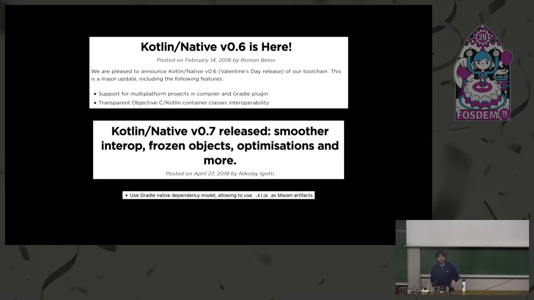To translate that, Kotlin Native now had the ability to use the same kind of Maven dependency framework that you're used to on JVM Kotlin, which means if you want to write a library that runs on native, you have the ability to do that now.